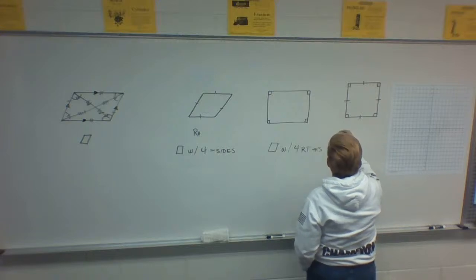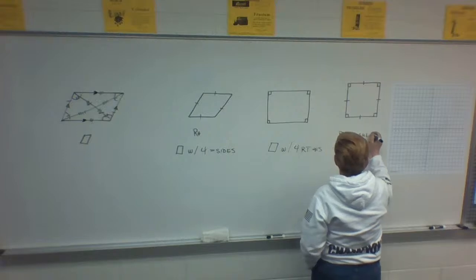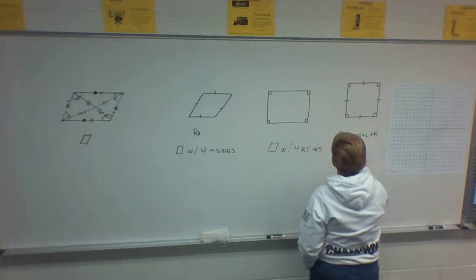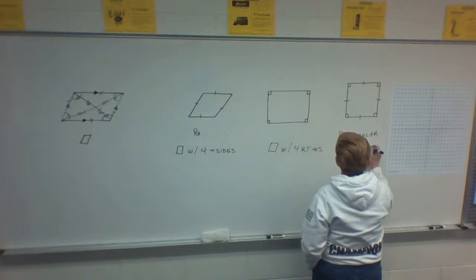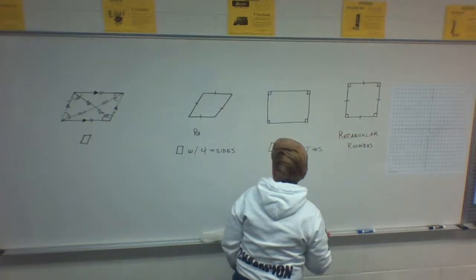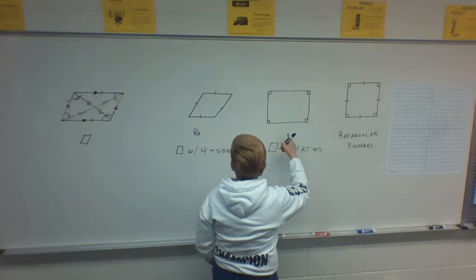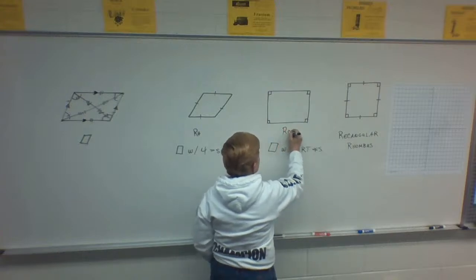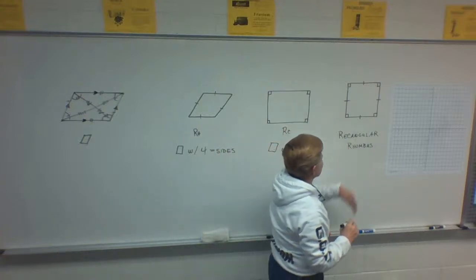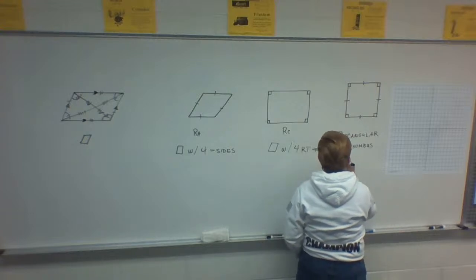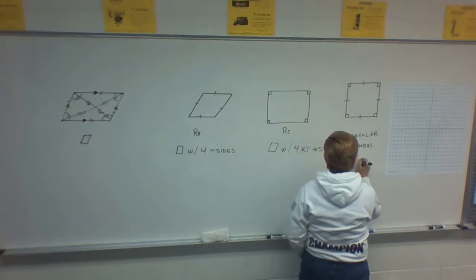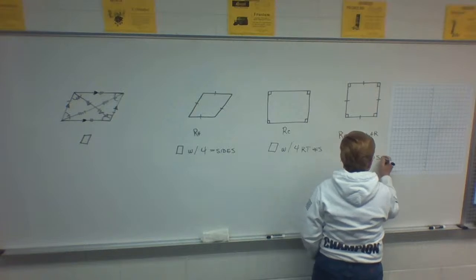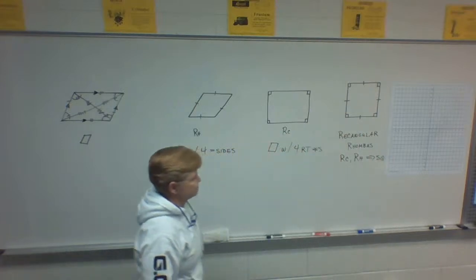A square is a rectangular rhombus. Has the properties of both. One thing I forgot to tell you is we are going to abbreviate rectangle RC. So over here, I could have said a rectangular rhombus makes a square, which we'll abbreviate SQ.